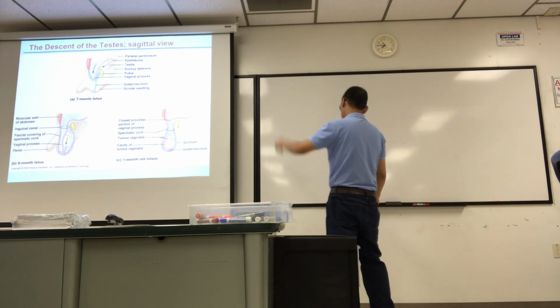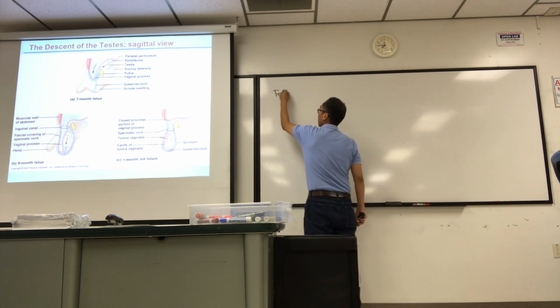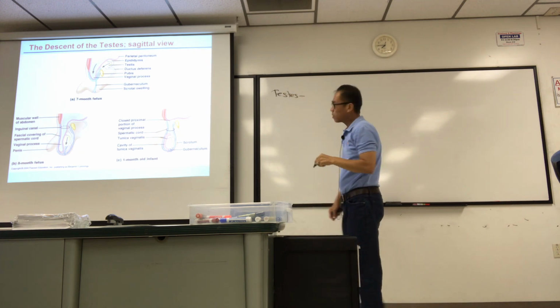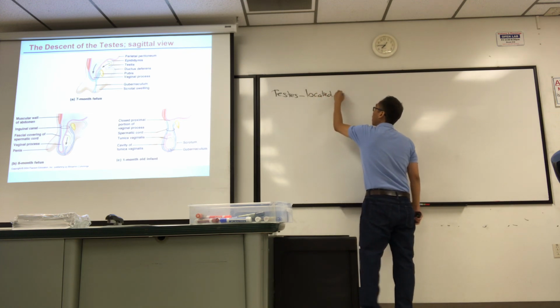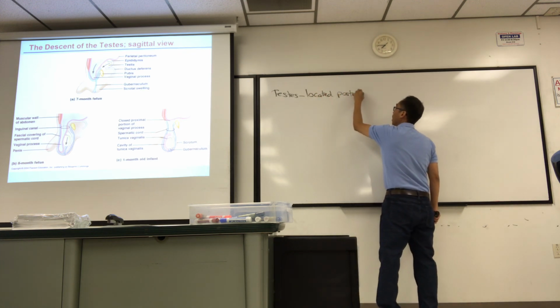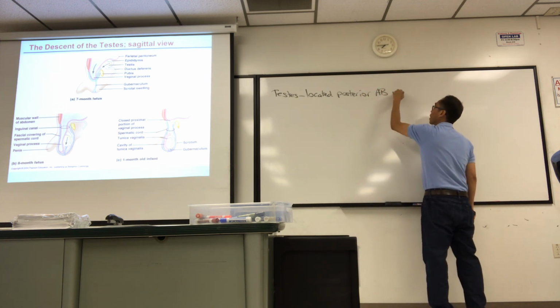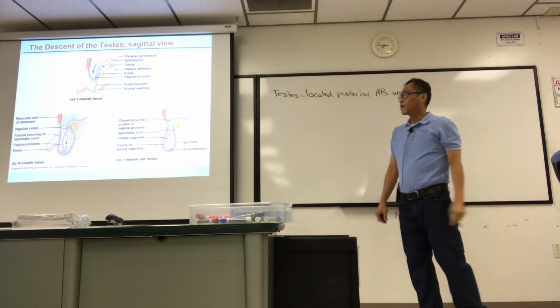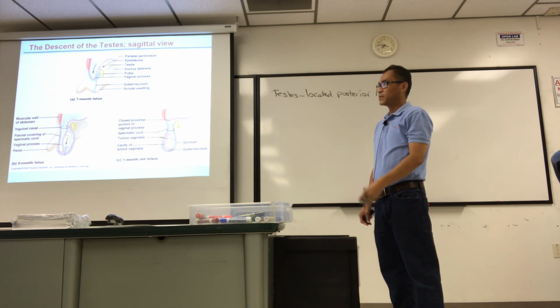So if you look at the top, it shows the testes, which are the gonads in males. They're located in the posterior abdominal wall. And as you can see, at around 7 to 8 months, they start to descend.